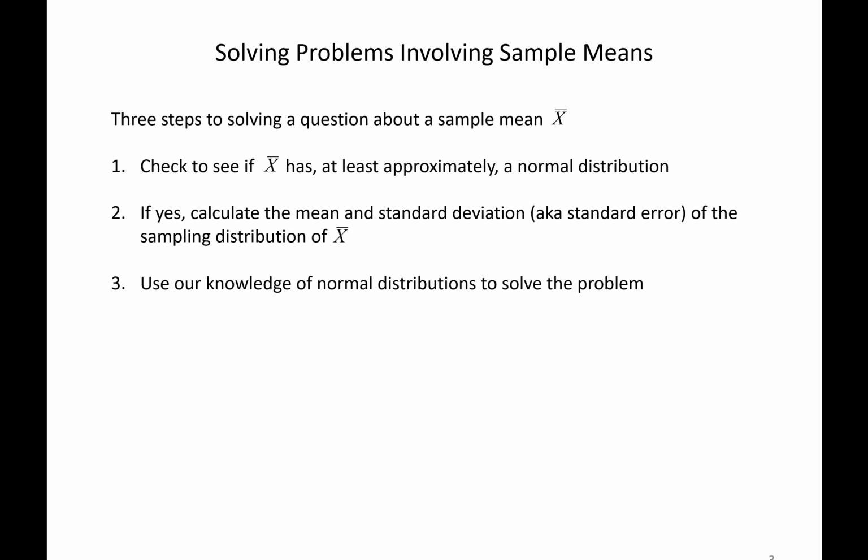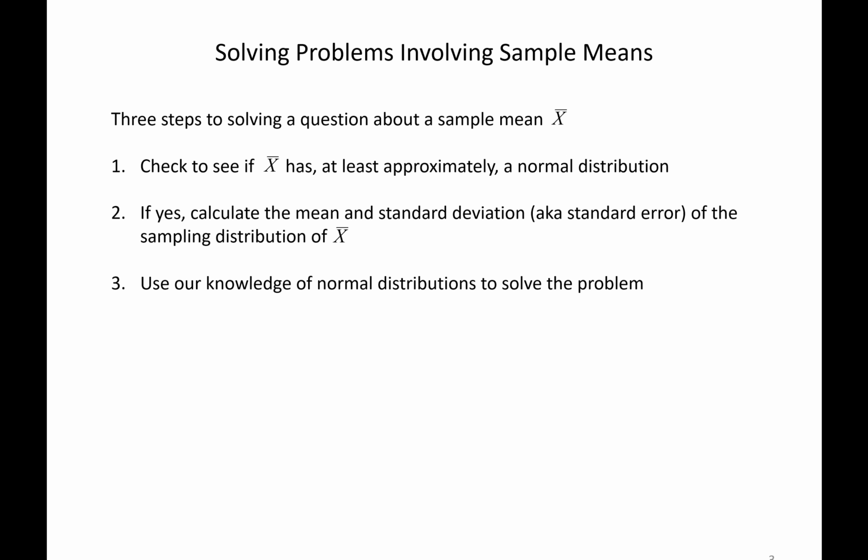So what are the steps that we need to go through in order to solve questions about the sample mean x bar? First of all, we need to check to see if x bar is normal. And if it's not, then we need to stop at that point and consult a statistician or look to some of the other things that we're going to learn later in class.